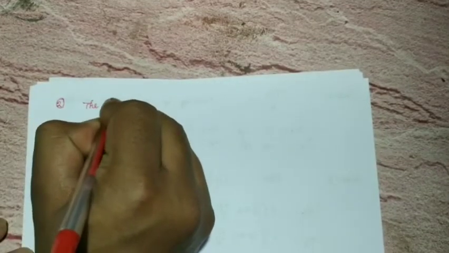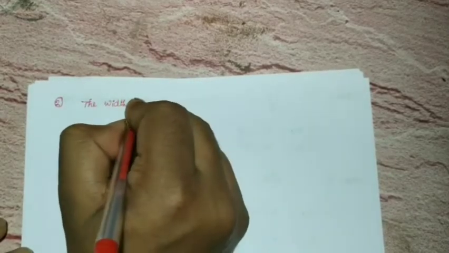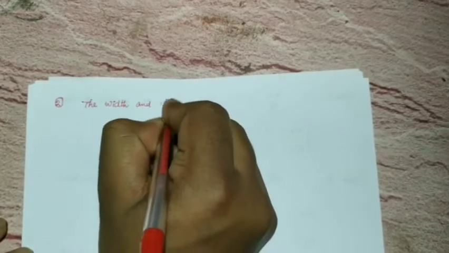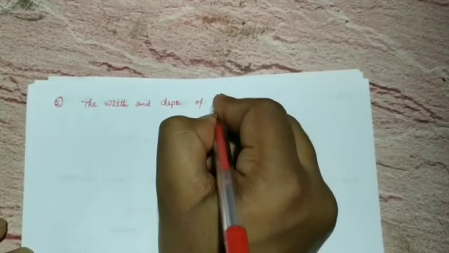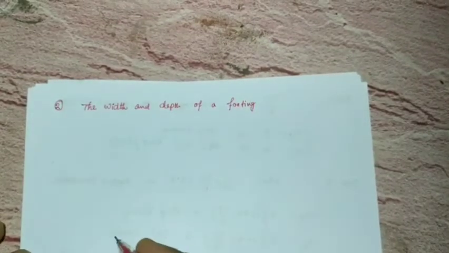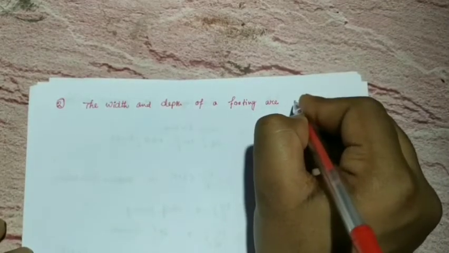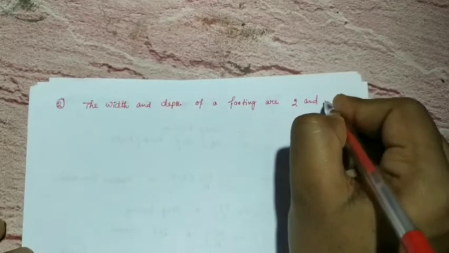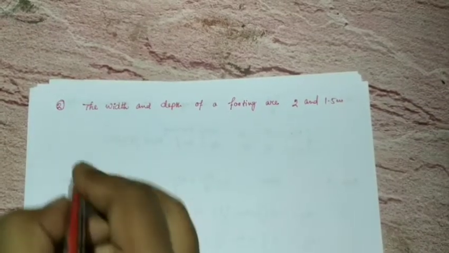The width and depth of a footing are 2 and 1.5 meter respectively.